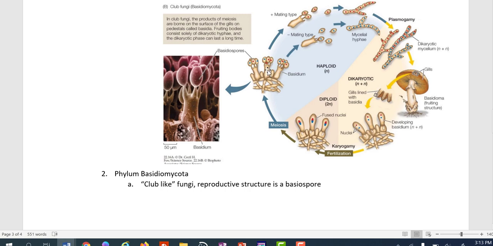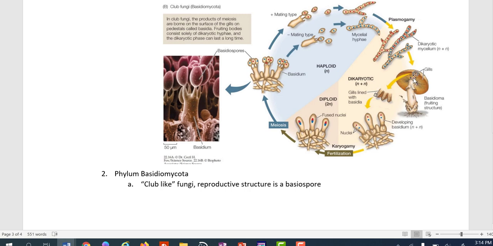But again, what I want you to think of is that you've got different mating strains that produce the gametes, which are the reproductive structures that will grow into the hyphae. These hyphae can come from different organisms, and the hyphae of one organism may fuse with the hyphae of another, and this fusion is then the transfer of genetic material, which can grow into the fruiting body.